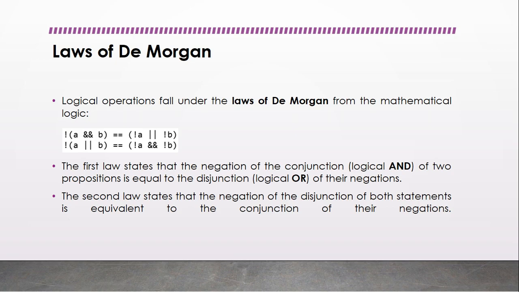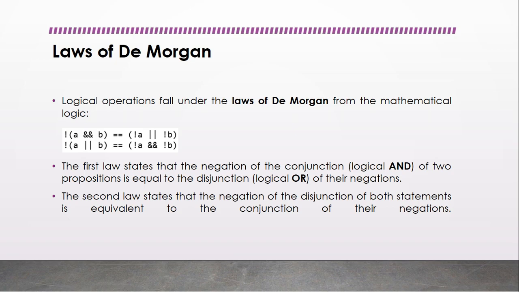Laws of De Morgan. The logical operations fall under the laws of De Morgan from mathematical logic. The first law says that the negation of the conjunction of two propositions is equal to the disjunction of their negations.